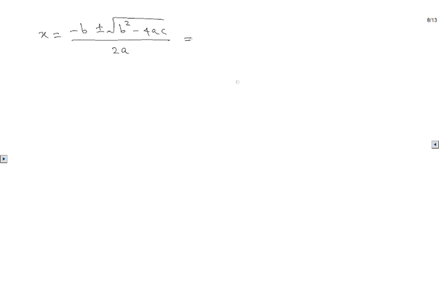So let's plug in. Minus b means km, plus or minus the square root of km squared minus 4kh, divided by 2a, which is 2k in this case.